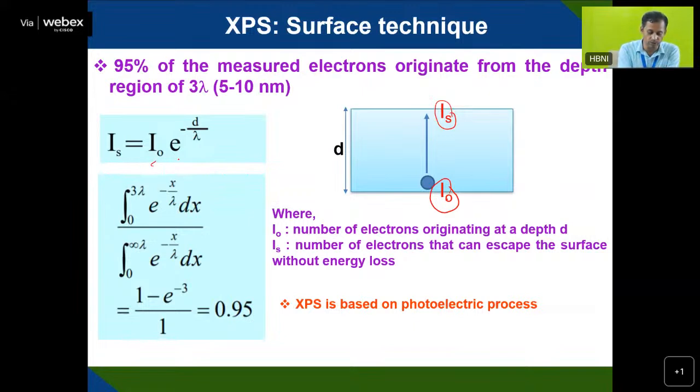Then IS equal to I0 into e to the power minus d by lambda, where d is the thickness. Integrating e to the power minus x by lambda dx from 0 to 3 lambda, relative to the whole area up to infinity, you will get 0.95 of IS. That means 95% of the measured electrons originate from the depth of 3 lambda. Up to that penetration depth you can see, depending upon the wavelength, that the maximum electrons originate from that space.